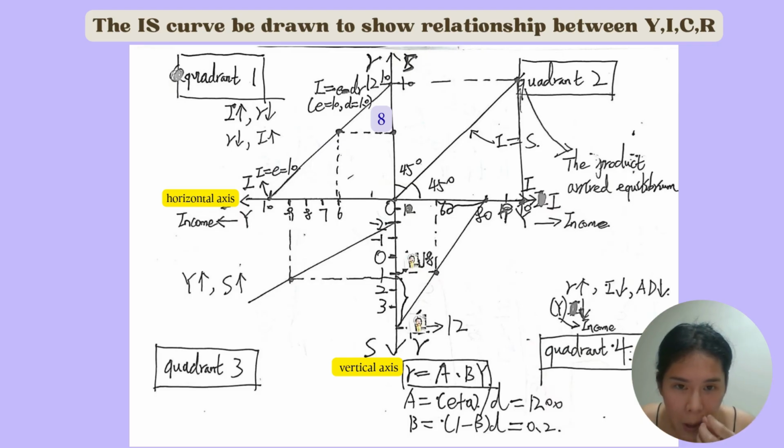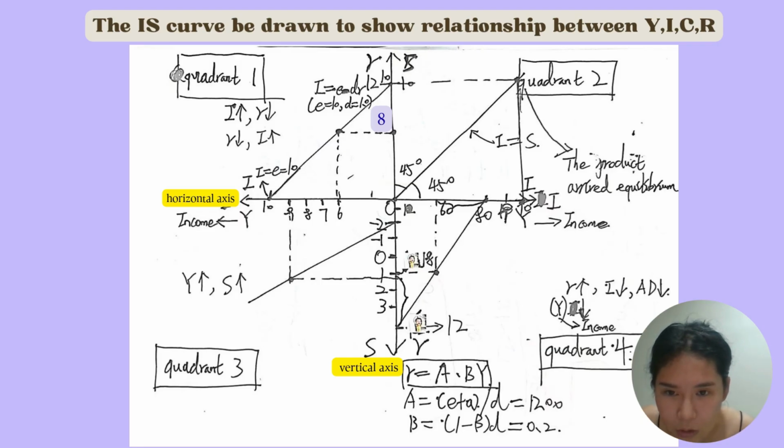It means that the product arriving at equilibrium can maximize our profit and our total welfare, social welfare, whether for consumers or for investment by firms.